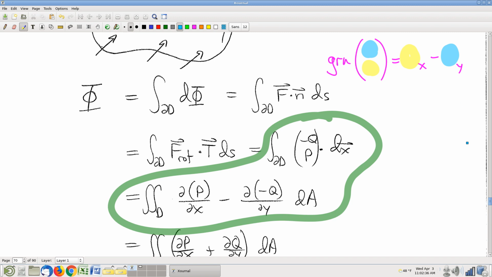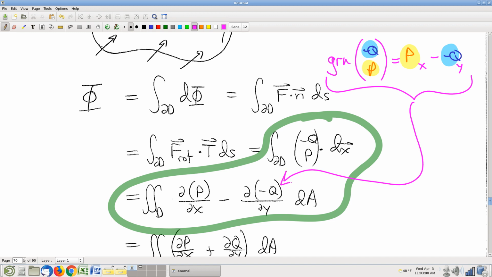And in this case, don't forget what our things are. Our first component is negative q, and our second component is p. So that's why this Green's operator right here is that.